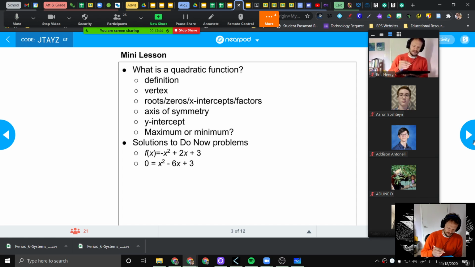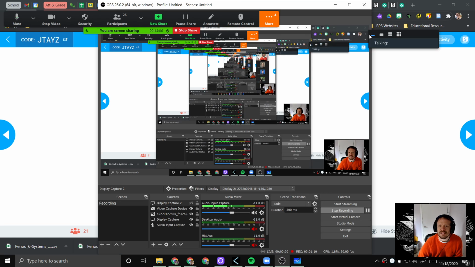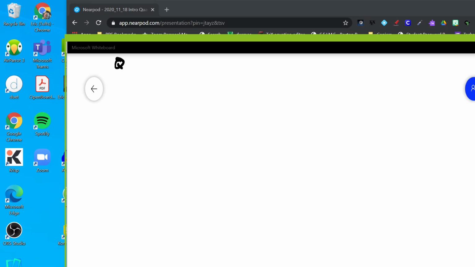So let's do this. A quadratic function. I am almost certainly doing this the wrong way. Yes, that's the one I'm supposed to be doing, not that one.